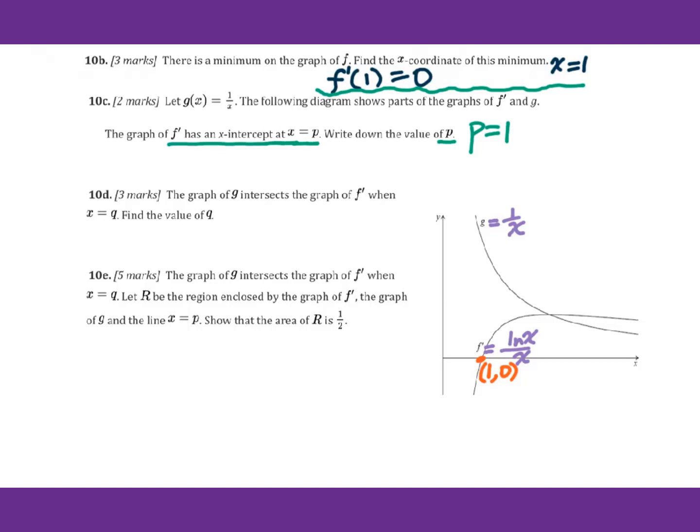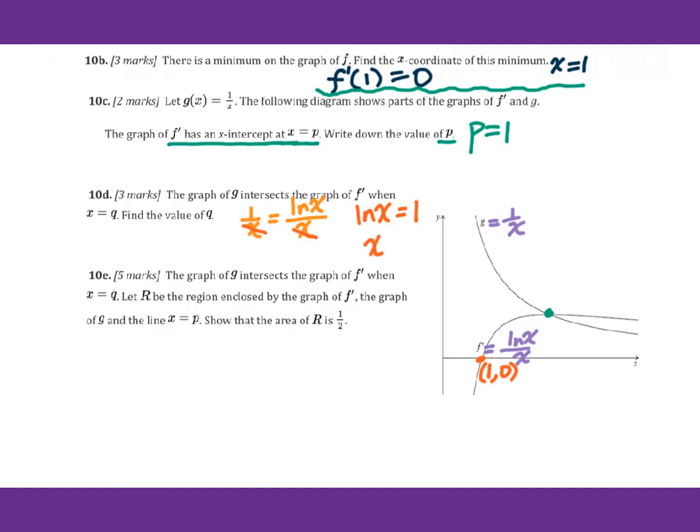For 10d, the graph of g intersects the graph of f prime when x equals q. So we need to figure out this q. You will set up these two functions equal to each other, which means 1 over x equals natural log of x over x. X is gone, so you get natural log of x equals 1.